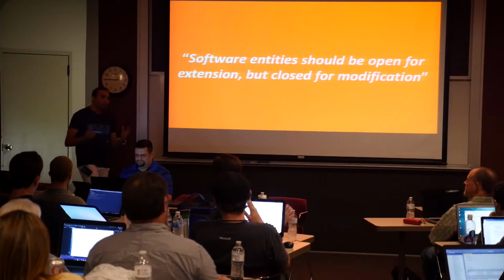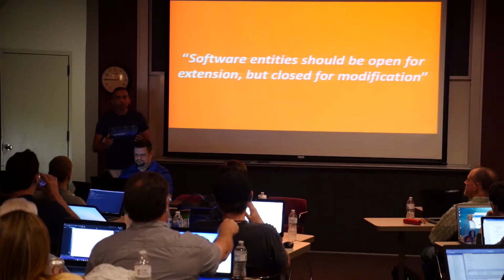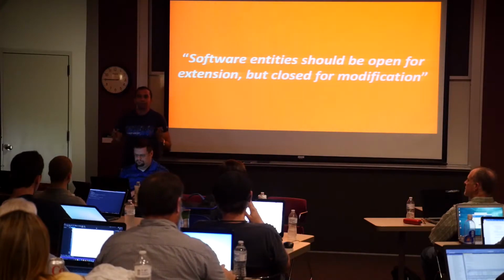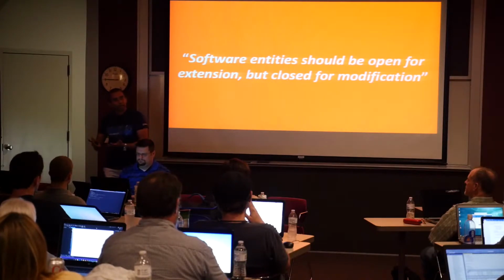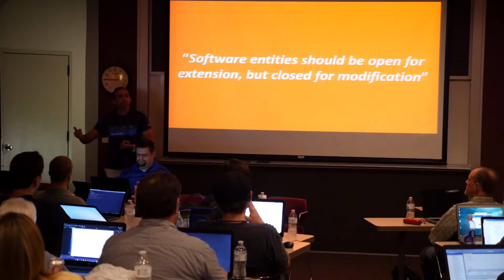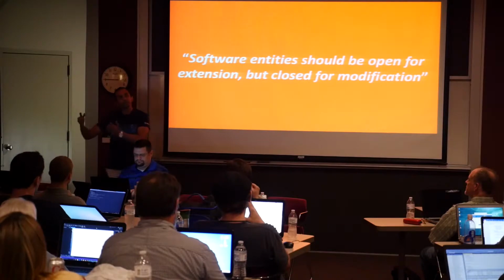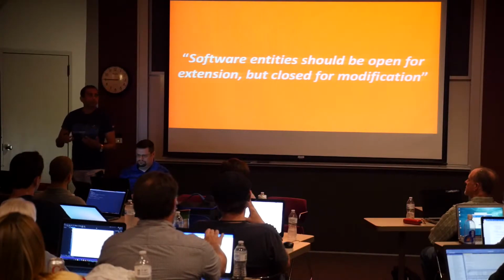So you should always keep that in mind when you are creating a new class. Try to figure out if that class will be changed. Does it have a chance of getting changed in the upcoming iteration? And if yes, then think about the open and closed principle and start creating your classes in such a way.